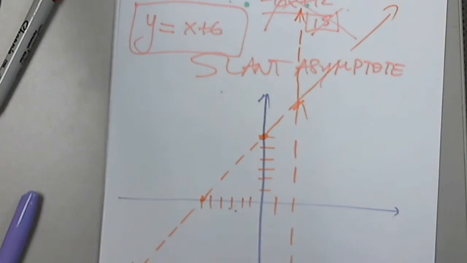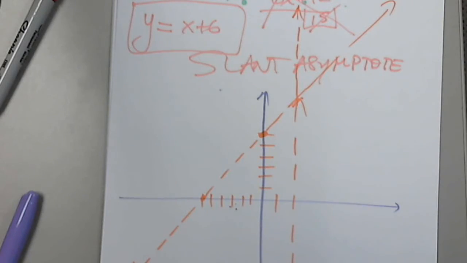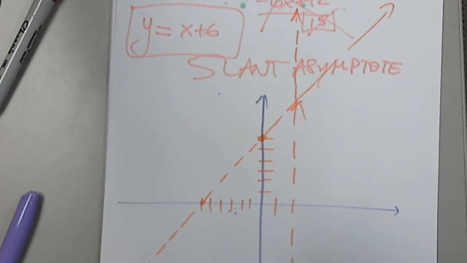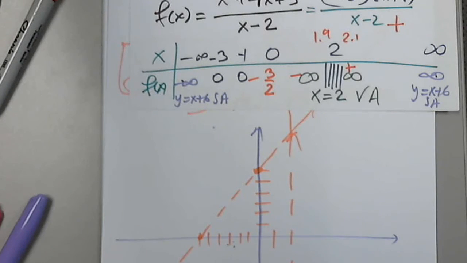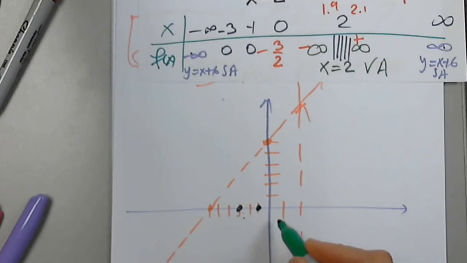Ready? Okay, here's my chart. I have to plot (-3, 0), (-1, 0), and (0, -3/2).